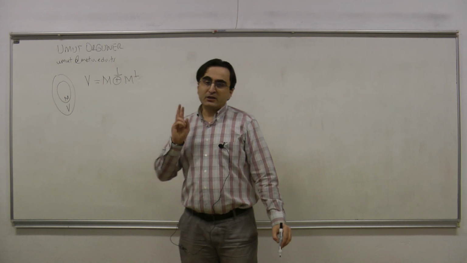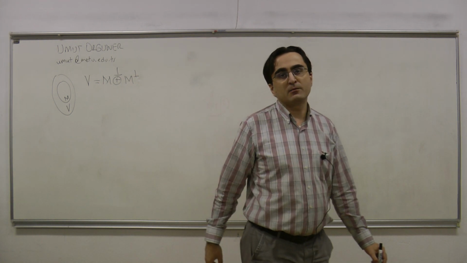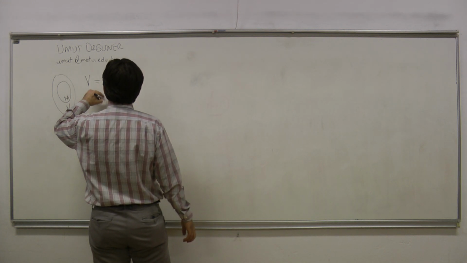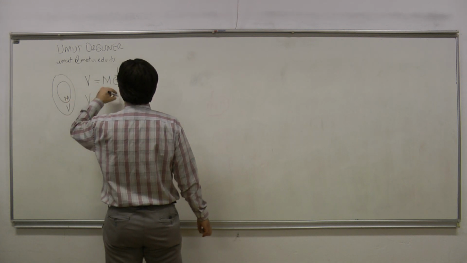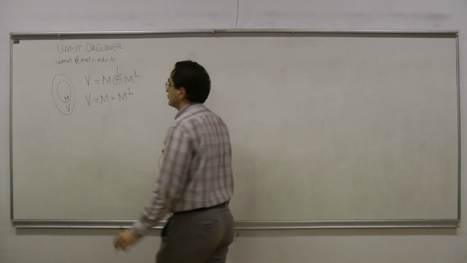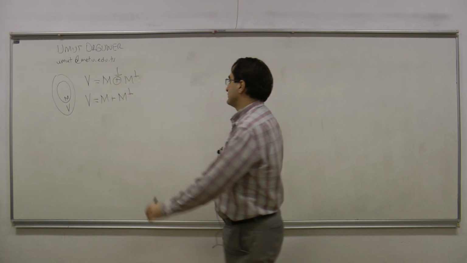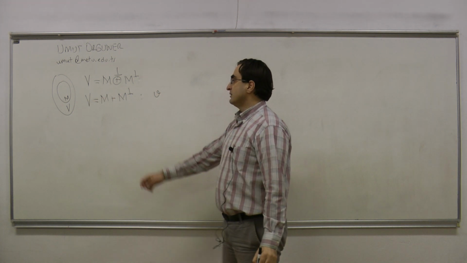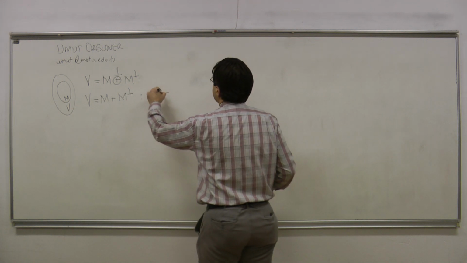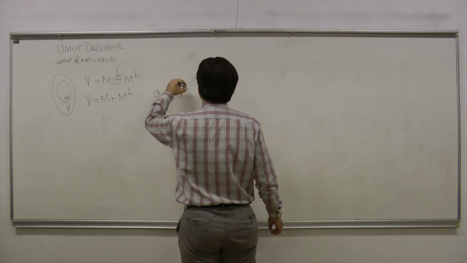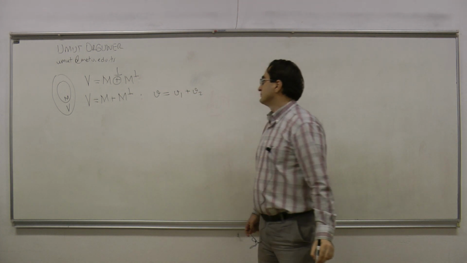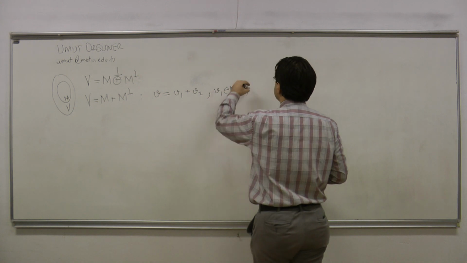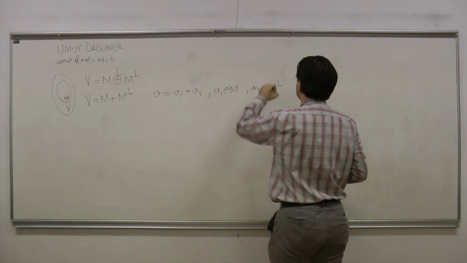Such a fact means three things at the same time. The first thing it means is the following. V is the sum of M and M orthogonal complement. What does this mean? This fact means that I can write any V inside capital V as the sum of two vectors, V1 and V2, where V1 is in M, and V2 is in M orthogonal complement.